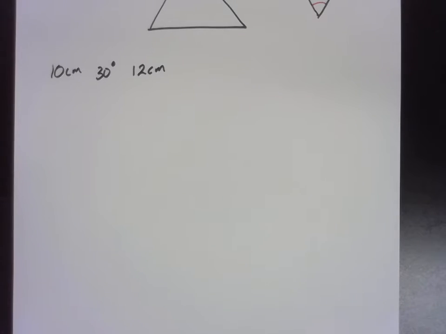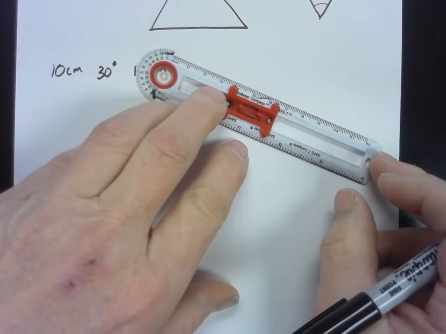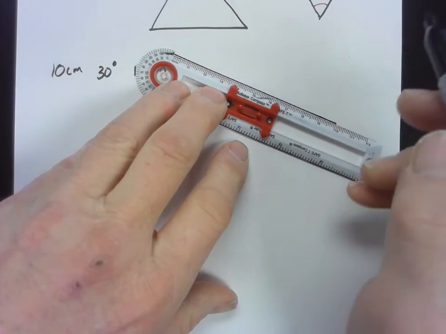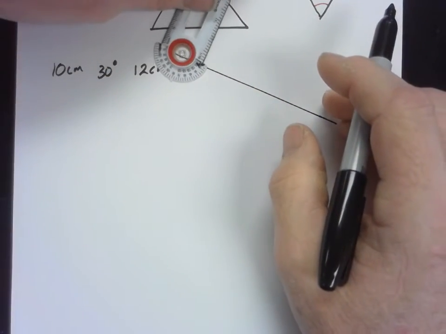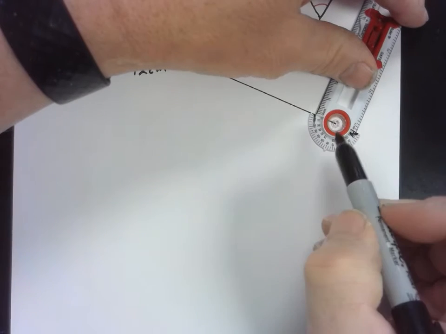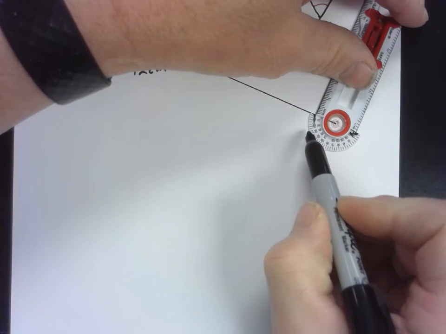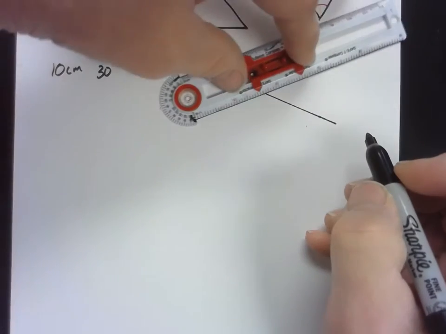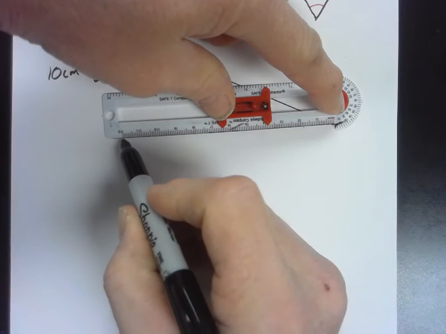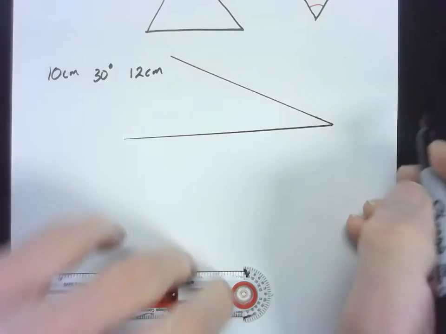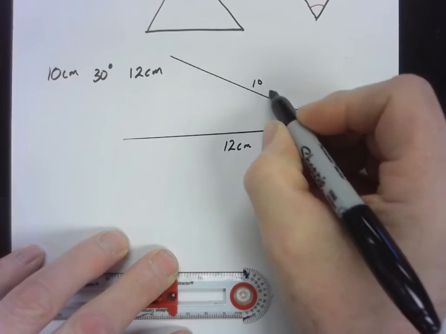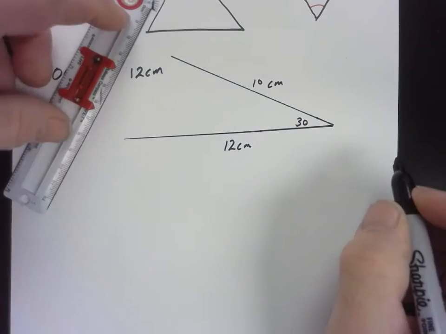If I draw a side here that's 10 centimeters, and then I measure an angle that is 30 degrees, and then I draw a side that is 12 centimeters. So this is 30 degrees, and this is 10, and this is 12 centimeters. I end up with this particular triangle.